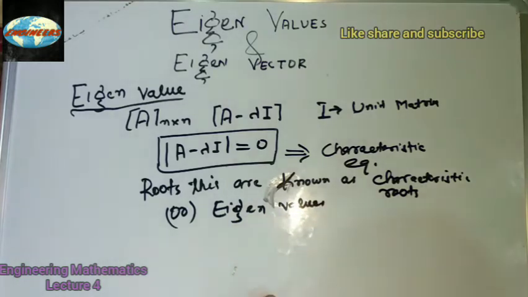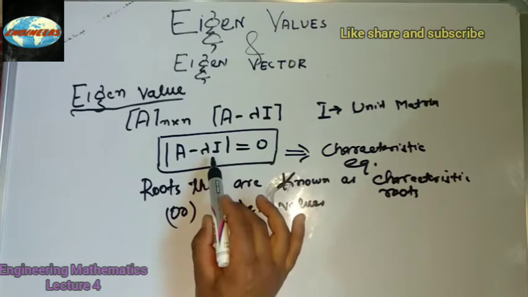There are 2-3 names for them: characteristic roots, eigenvalues, and one more is latent roots. So eigenvalues are roots of the characteristic equation. The characteristic equation is the determinant of A minus lambda I equated to 0, and the roots of this equation will be the values of lambda.